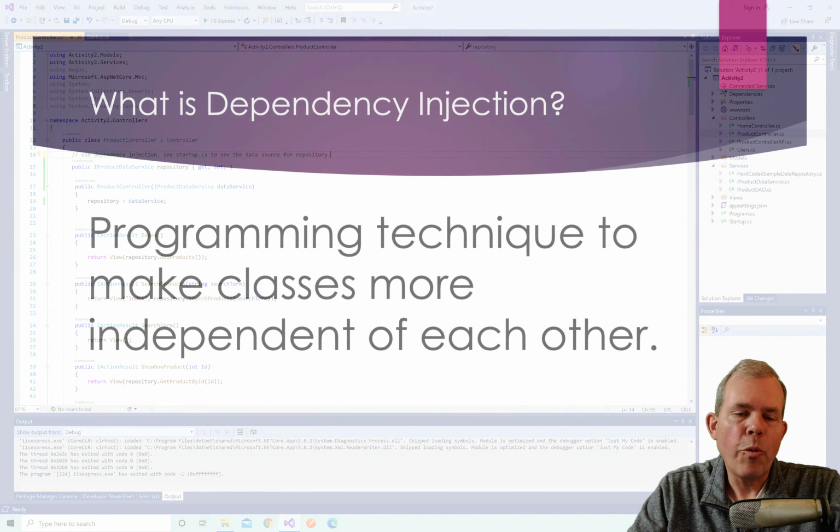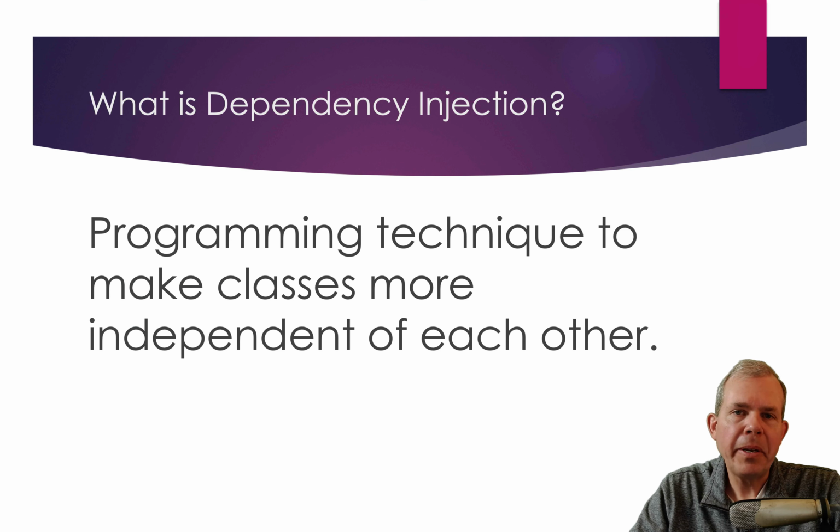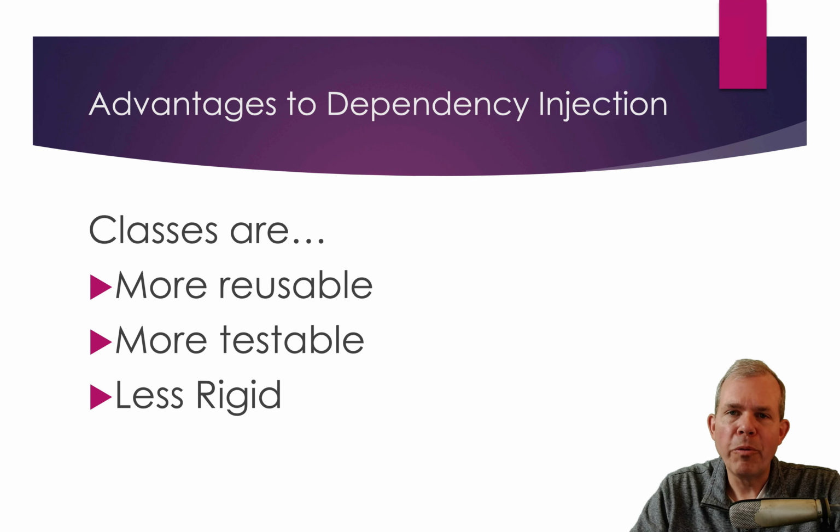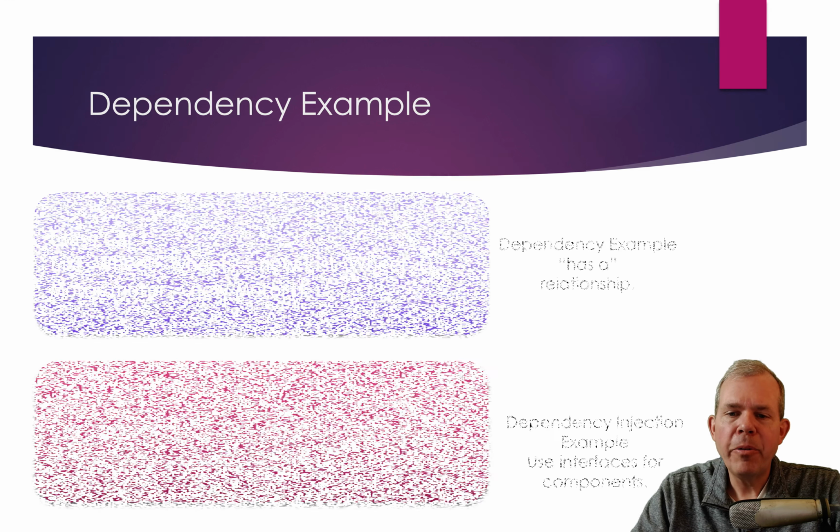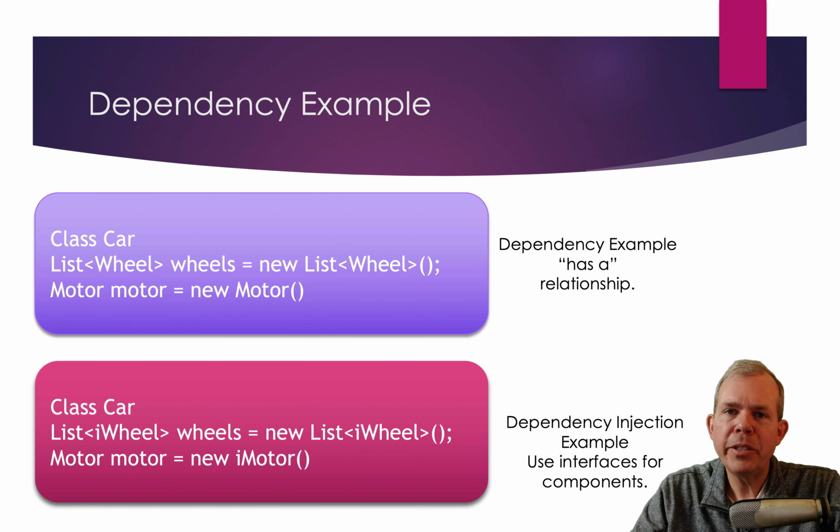So just to recap why we were doing this, remember that dependency injection is a programming technique to make classes more independent of each other. Hopefully you can see the independence now. Classes are more reusable, more testable, less rigid, and they have this one feature where we're using interfaces to pass along types of items in our constructors.